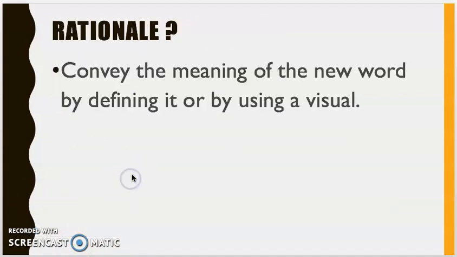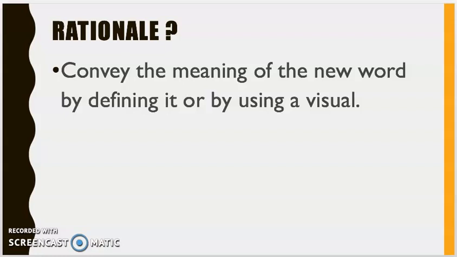Well, number 1, we need to convey meaning of the new words by defining it or by using a visual. And this is basically because as we're eliciting, in order for our students to be able to provide the word that you're eliciting from them, the meaning needs to be clearly established.